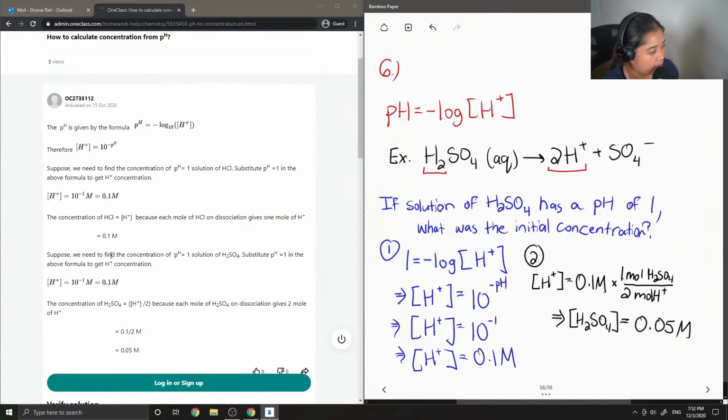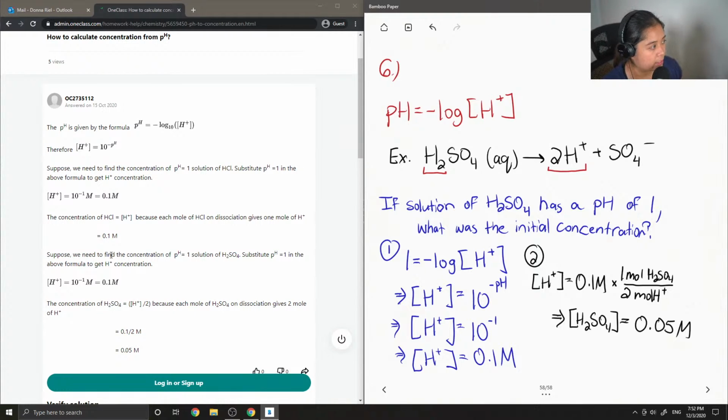Okay, so the junior tutor said the pH is given by the formula pH is equal to negative log of the concentration of H+. Therefore, the concentration of protons is equal to 10 to the power of negative pH. Suppose we need to find the concentration of a pH is equal to 1 solution of HCl.